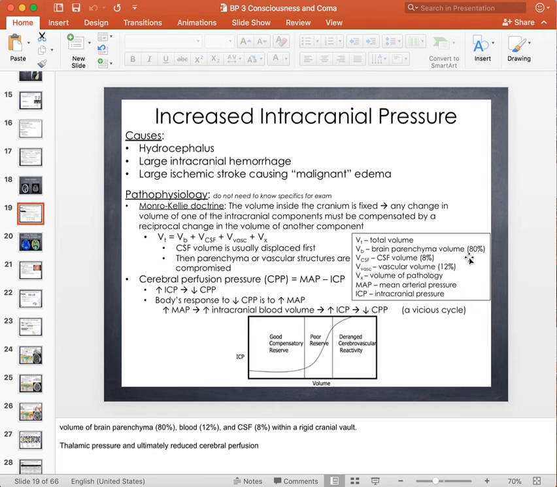Right, so it further increases the intracranial pressure, leading to even more decreased cerebral perfusion pressure. So it's just a vicious cycle. So the bottom line is when you've got this pathology that's creating new volume that normally isn't there, we need to do something to get rid of that so that the blood vessels and the brain itself don't become compromised.